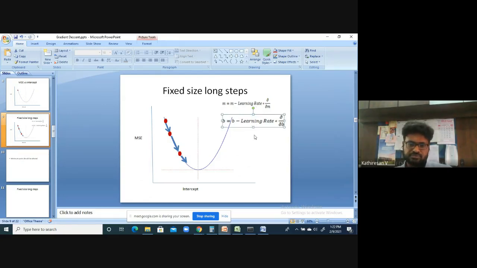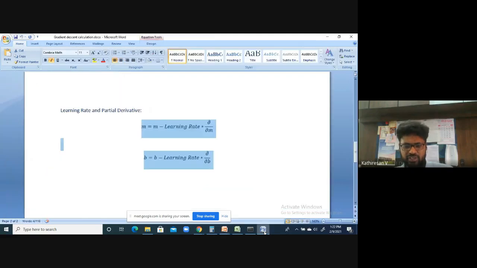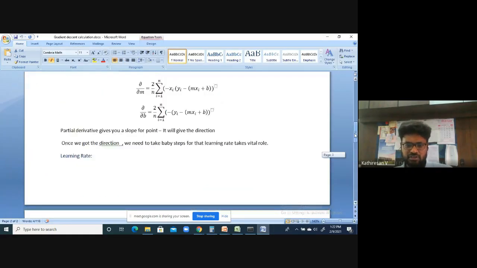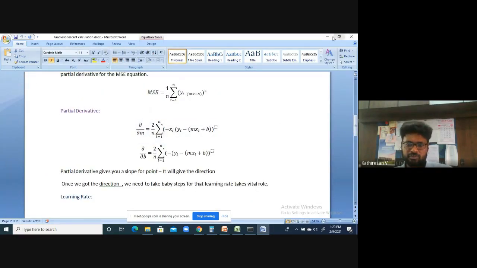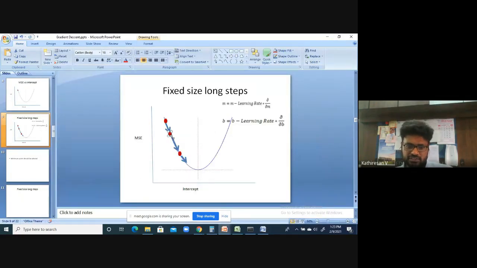See here. The second iteration of m is the first iteration of m minus learning rate into the partial derivative of m. The partial derivative of m formula we have here. And for the third iteration, m equals the second iteration m minus learning rate into the partial derivative of m.